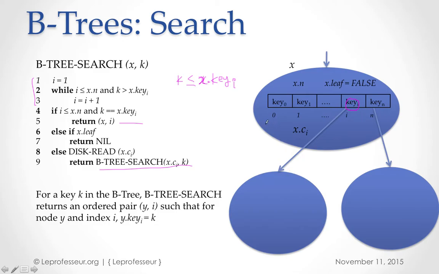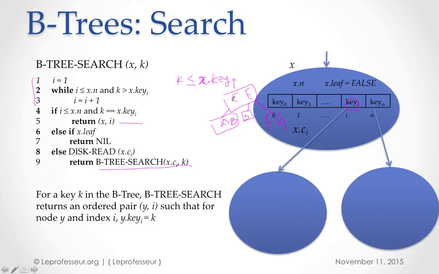Let's say you have a and b, with children keys c and e, then d, and here f and g, and you are trying to find d, or you are trying to find b.